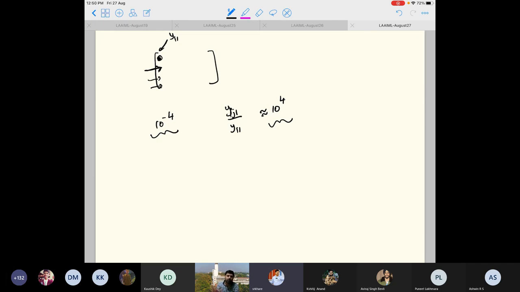Then this 10 power 4, if this Y_j entry itself is also of the order 10 power 2, then this is 10 power 2 into 10 power 4, so it becomes 10 power 6 roughly, multiplication.